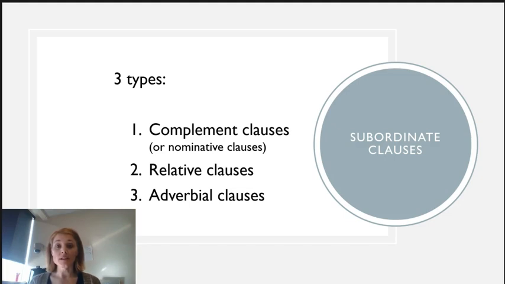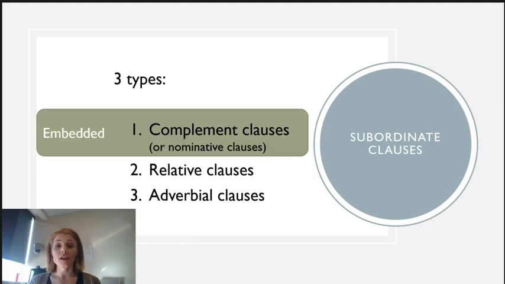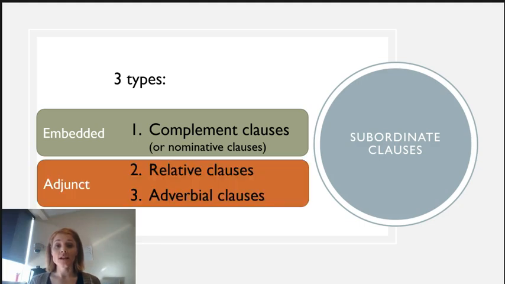We have complement clauses, also referred to as nominative clauses, relative clauses, and adverbial clauses. Complement clauses are added to sentences through embedding, and relative clauses and adverbial clauses are added through adjunction. We're going to go over these three types of clauses in the following lectures.